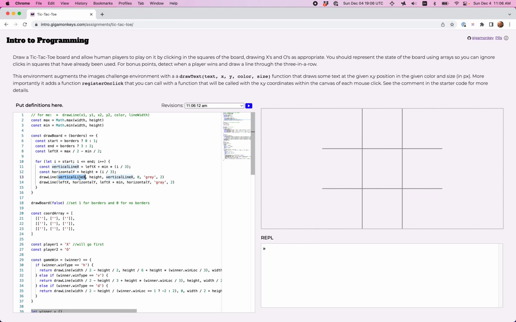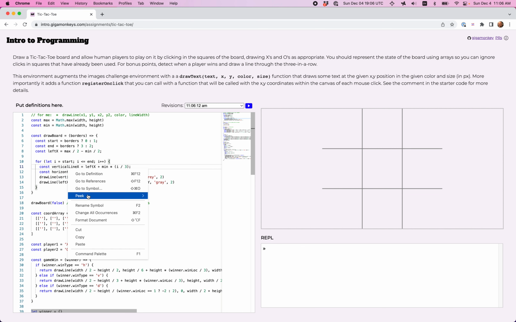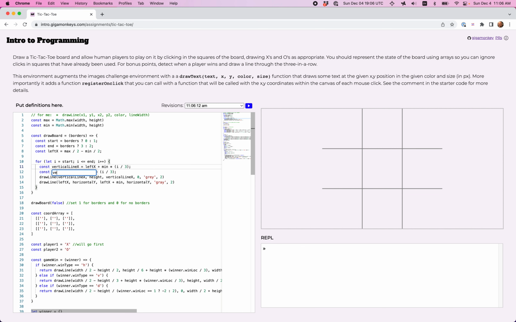I've gotten rid of some common expressions and made variables for them, and maybe it takes a little getting used to. I'm going to rename this variable to vertical x, just to be consistent and a little more concise.